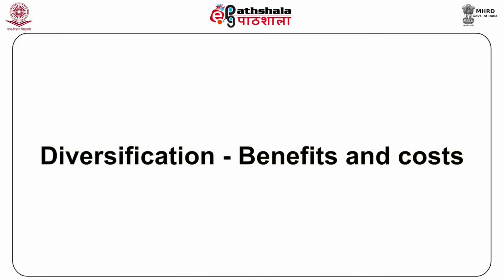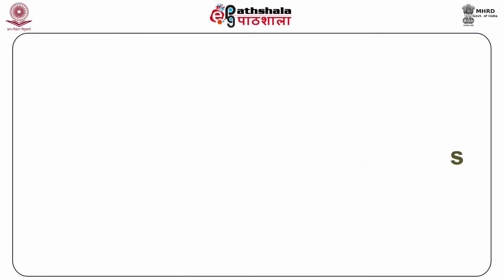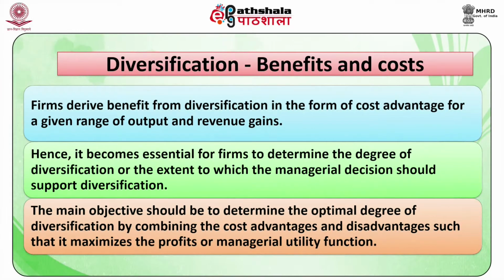Benefits and costs of diversification. Firms derive benefit from diversification in the form of cost advantage for a given range of output and revenue gains. Hence, it becomes essential for firms to determine the degree of diversification or the extent to which managerial decisions should support diversification.